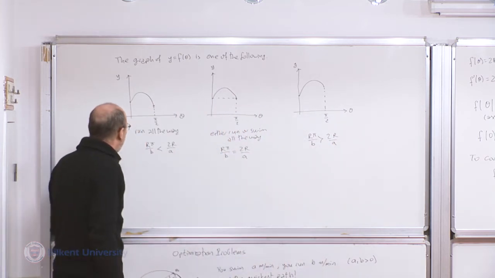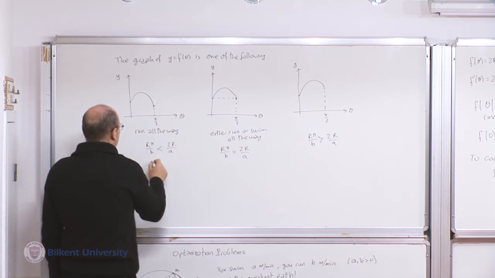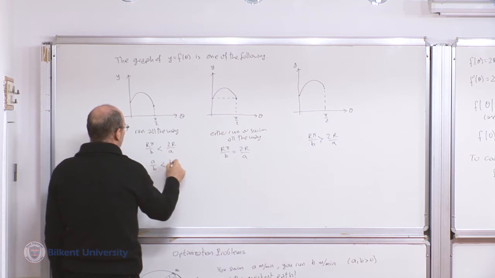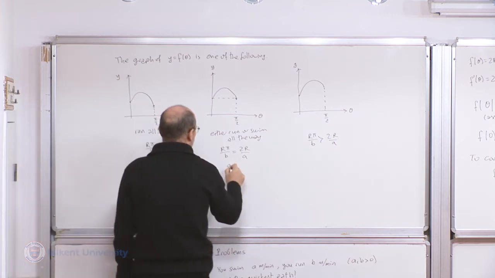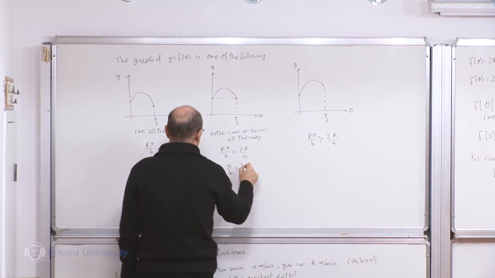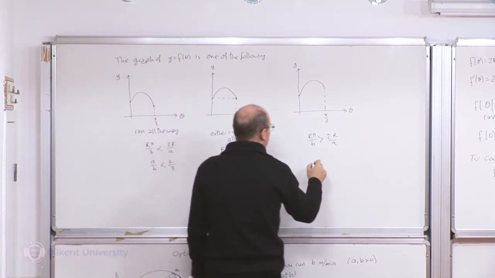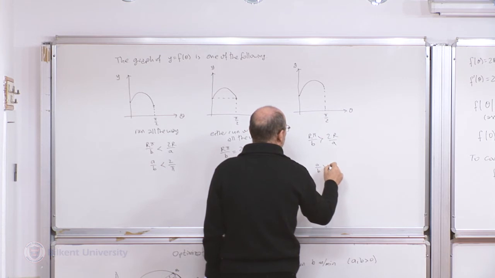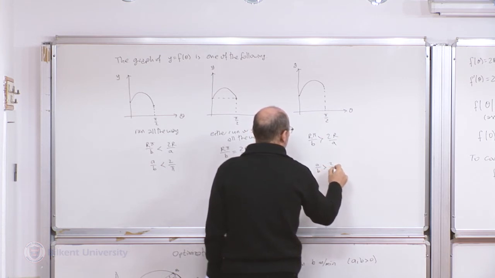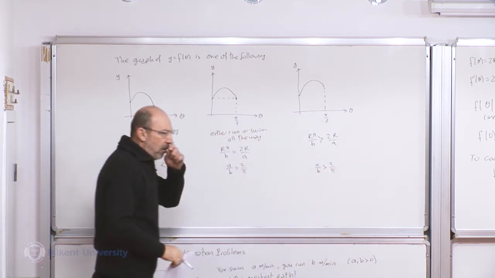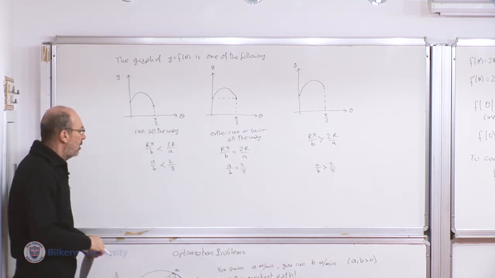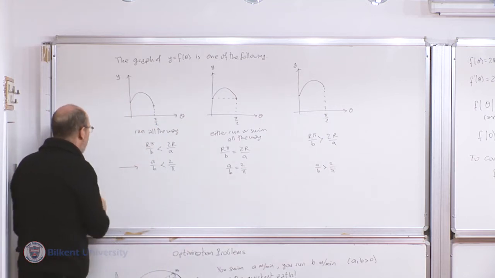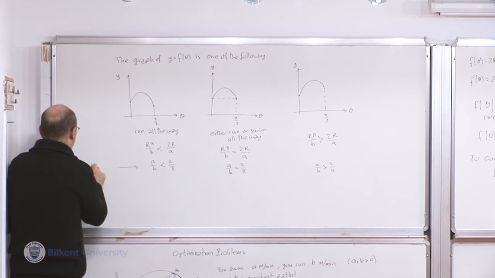So this means a over b is less than 2 over pi. Here a over b is 2 over pi. And here a over b is larger than 2 over pi. So this is the deciding criterion.